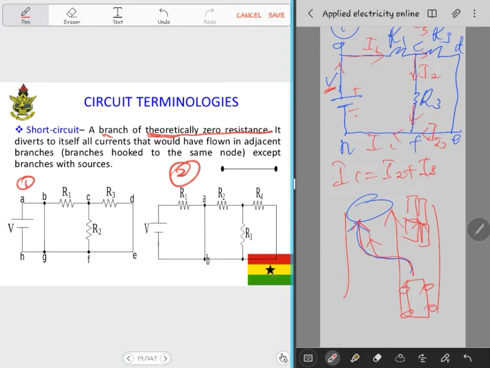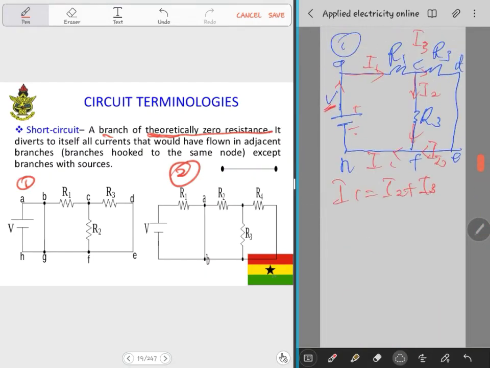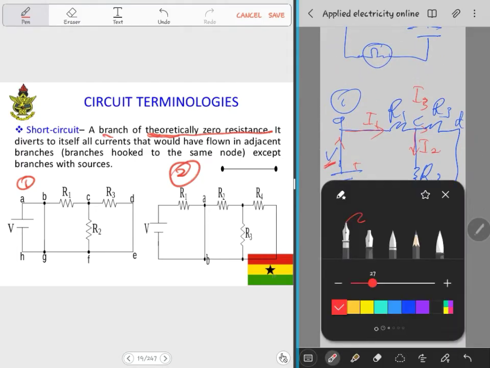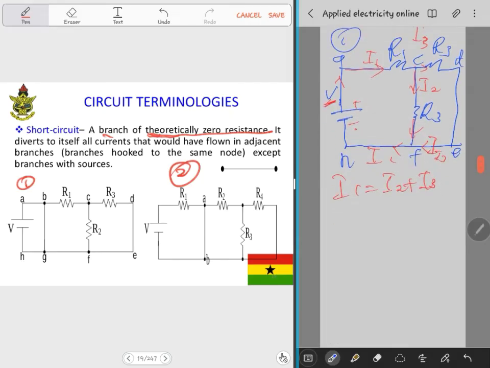So now that we've introduced this, I'm trying to introduce the short circuit there. Are we okay? Let me move this down. So the same circuit here, it's just the same one, but now I'm trying to introduce the short circuit, right? Current always takes the path of least resistance, right?